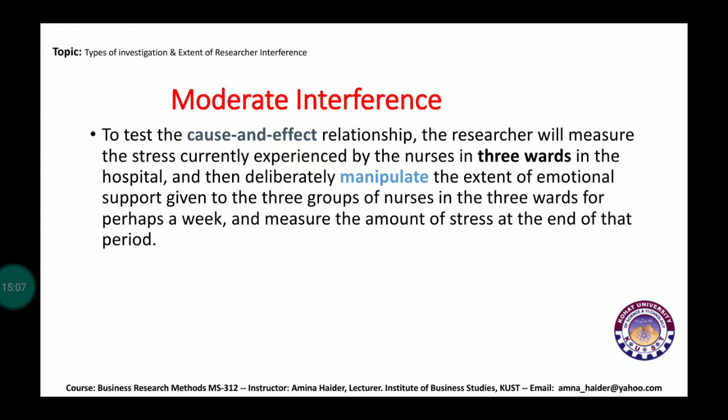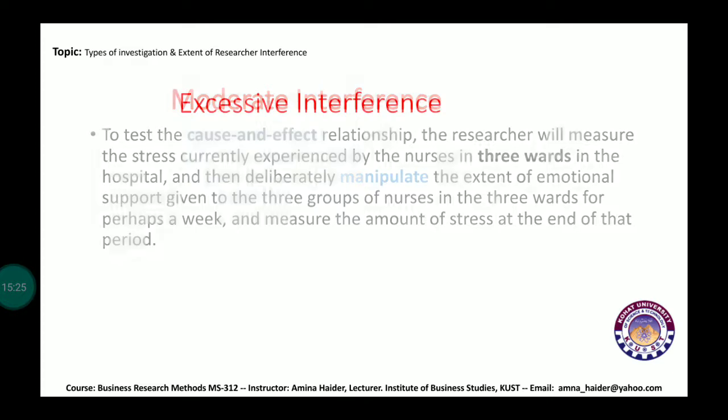So for that reason, they have deliberately manipulated the extent of emotional support given to three groups of nurses in three wards for perhaps a week and measured the amount of stress at the end of that period.